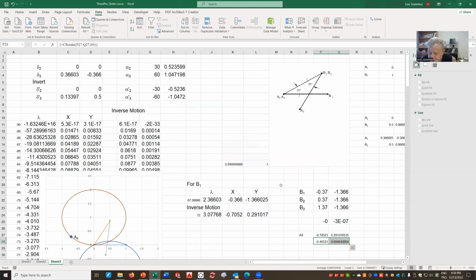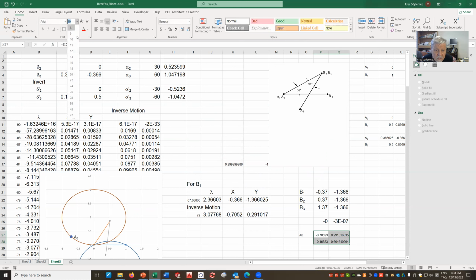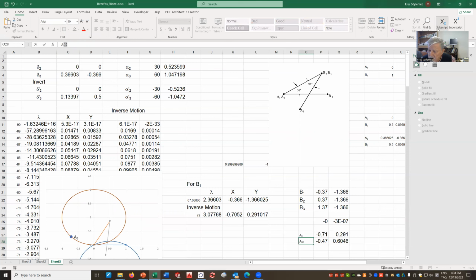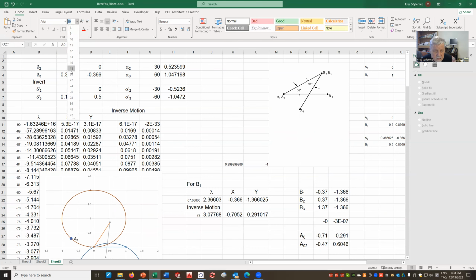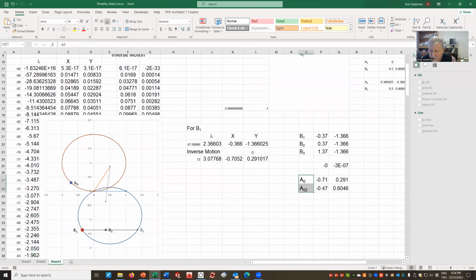Control Shift Enter. A02, let me say. Okay.